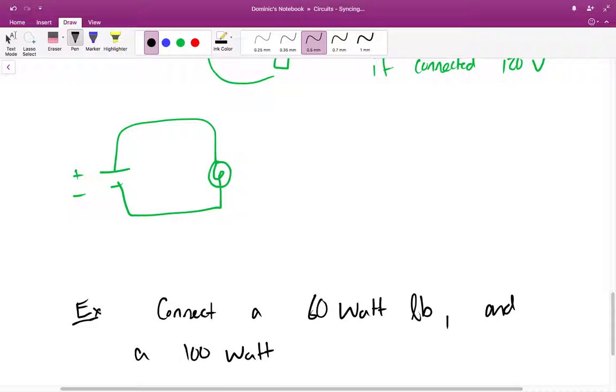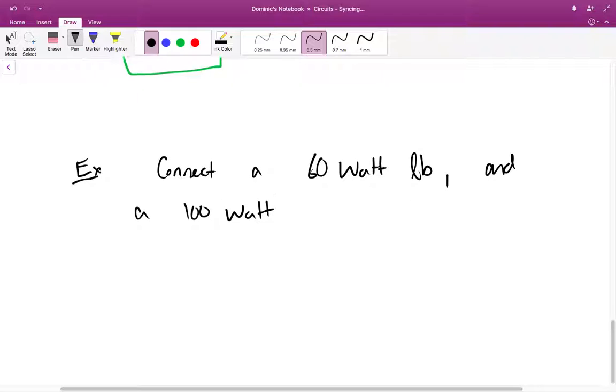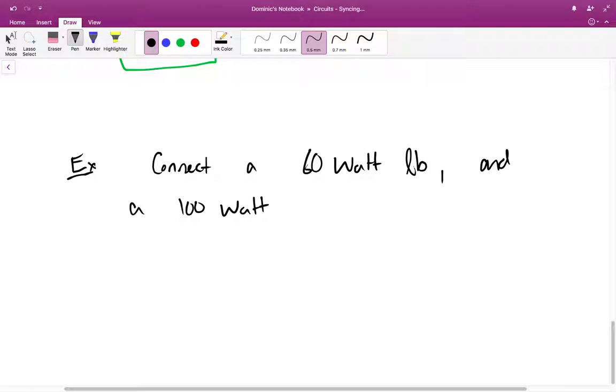We connect them in series to a battery, let's say with 9 volts, for example, to some kind of power source where both of them are going to illuminate. The question will be, which light bulb is brightest?